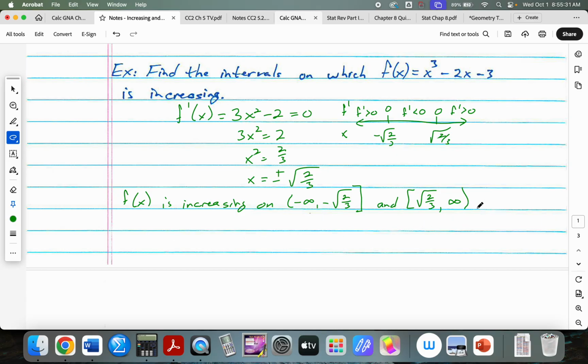What they want for a justification is just a short sentence, because f prime of x is greater than 0 on the open interval from negative infinity to negative square root of 2/3, and the open interval from the square root of 2/3 to infinity.